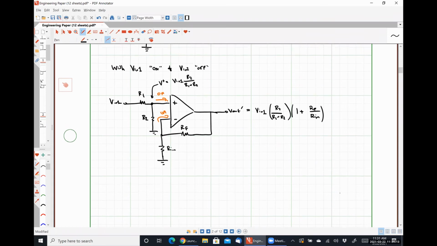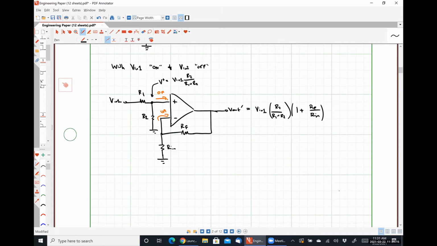So if VN2 were grounded, how is that circuit any different than this exact circuit? It isn't, right? Just the labeling of our resistors has changed slightly, right? So we have a voltage divider applied to our input signal, and then that signal is going to be boosted by a gain of 1 plus the feedback resistance over that input resistance.